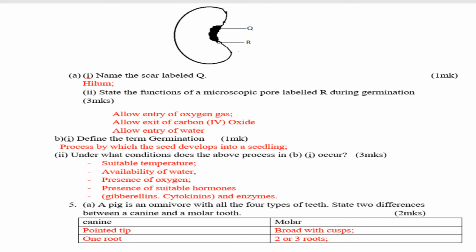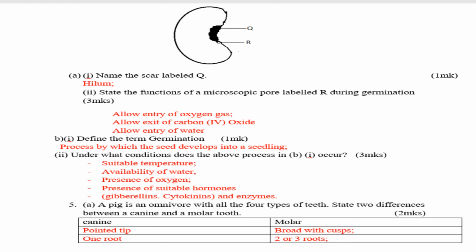And then you are told, Roman 2, state the functions of the microscopic pore labeled R during germination. What is the work of that?